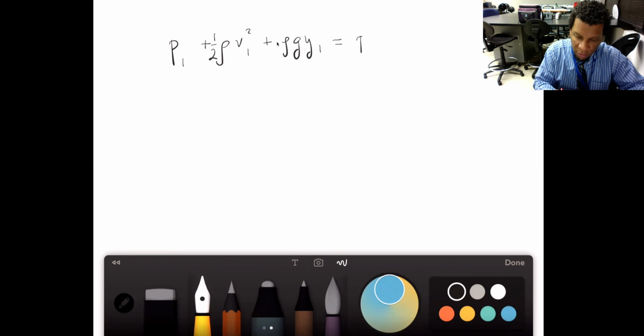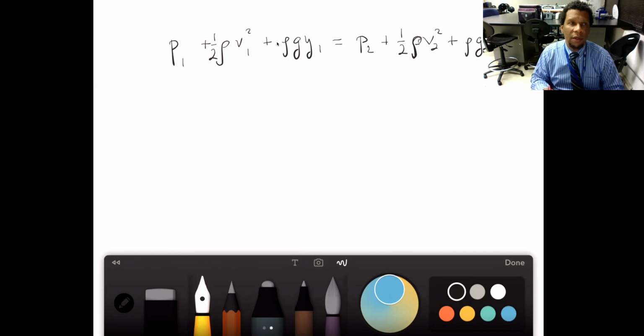And then we have P2 plus 1/2 rho, well, that's the density of a fluid, V sub 2. That's the second velocity. Plus rho times gravity, or the density of the fluid times gravity times y sub 2. Okay.